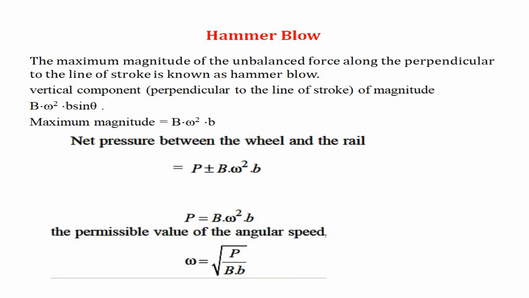Whenever b ω² r has a higher value but acts in a downward direction, it applies pressure on the rails. But when b ω² r has a higher value and acts in an upward direction, and if it is greater than P, there are chances of derailing. So the speed of the engine depends much on the value of hammer blow.